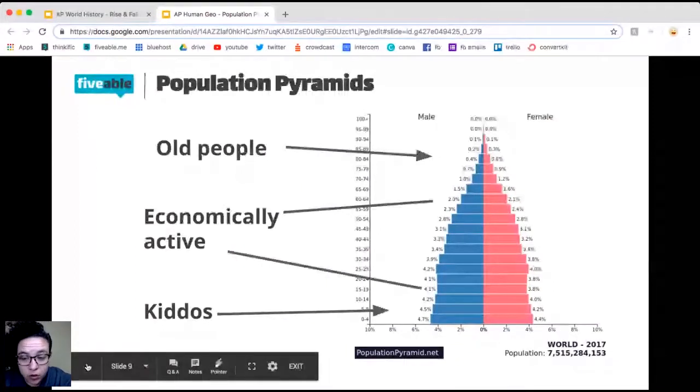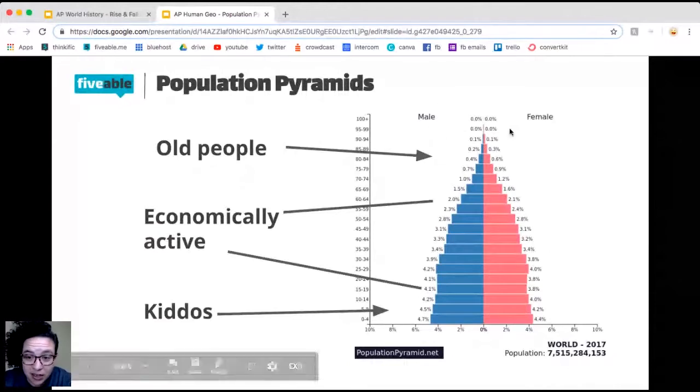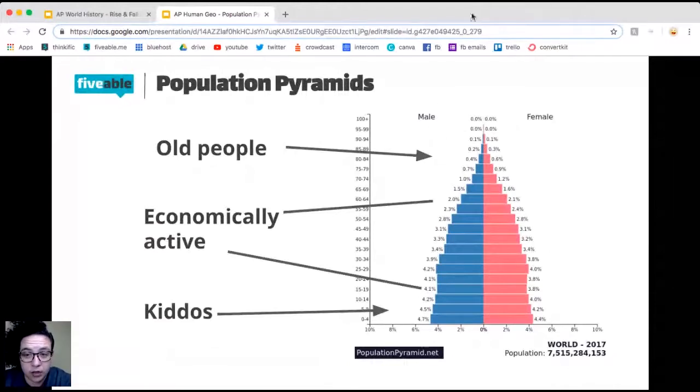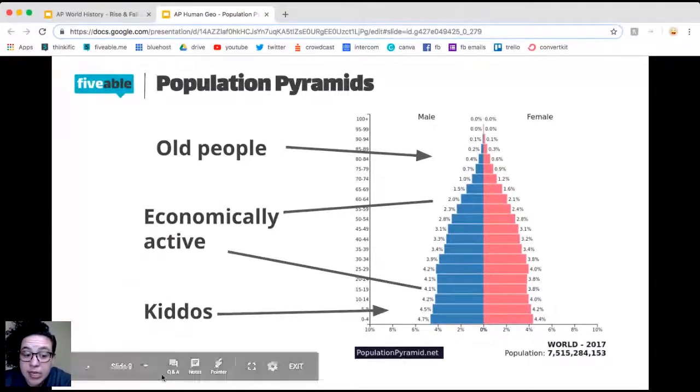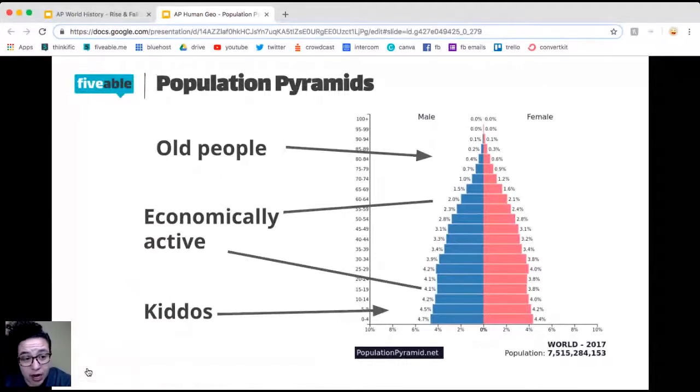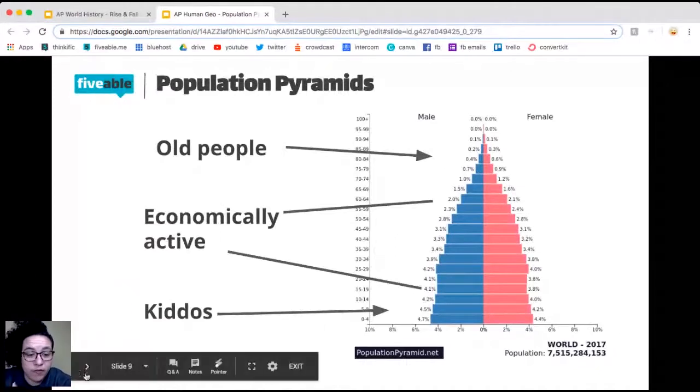They can keep those people alive and healthy. If there are more dependents, that can be a stress on the population. So it's showing you dependency ratio. You can see when a society has a dependency ratio that is not equal, if there's more people to depend on.